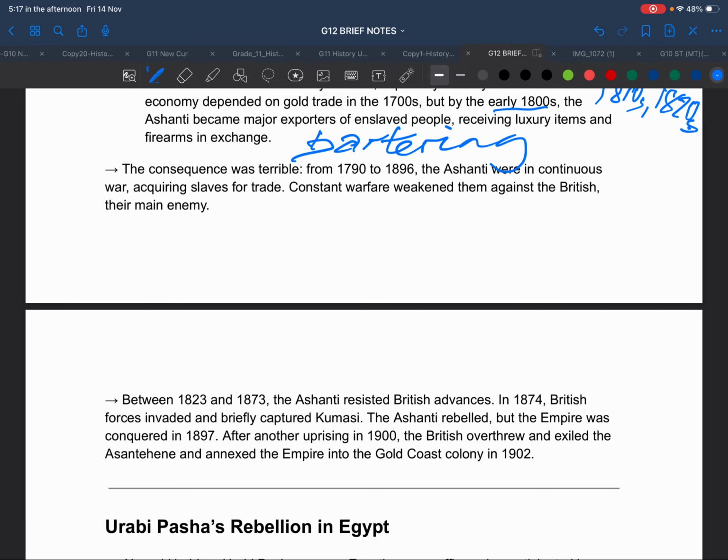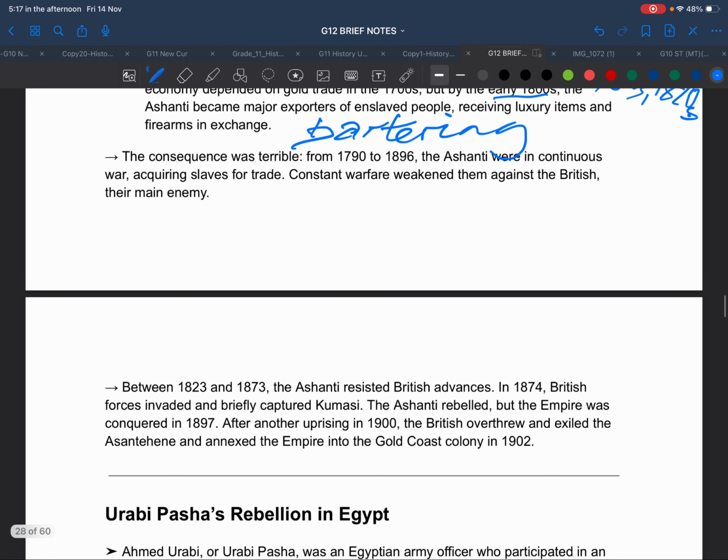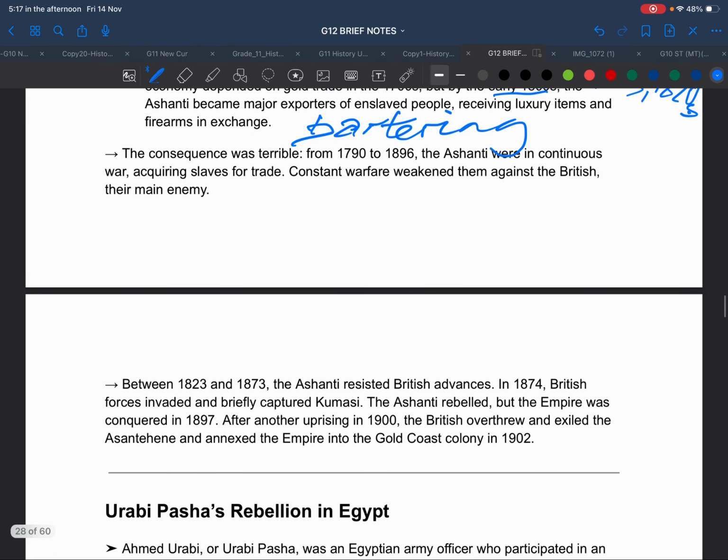From 1790 to 1896, the Ashanti were in continuous war, acquiring slaves for trade. One of the causes for acquiring slaves was continuous war, to get war captives. Those war captives became slaves, and they could be exchanged for shining materials coming from Europe.